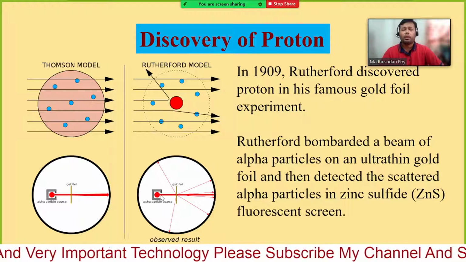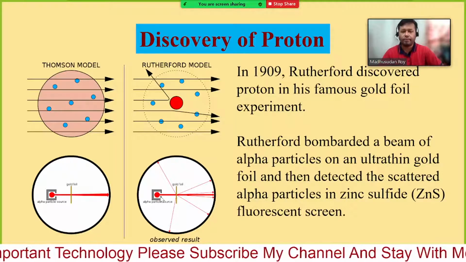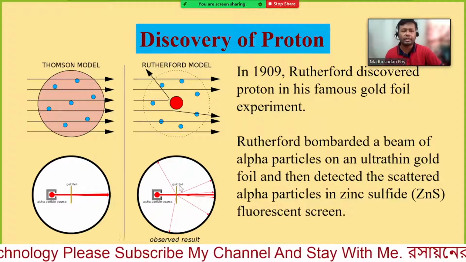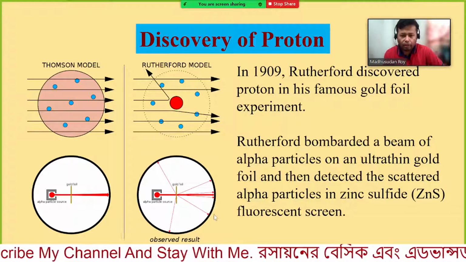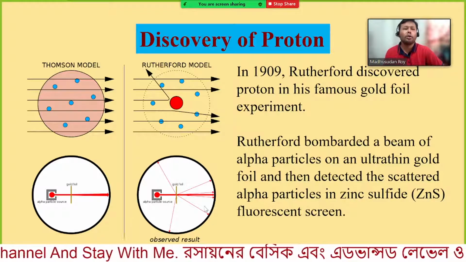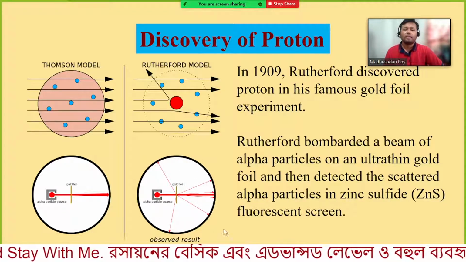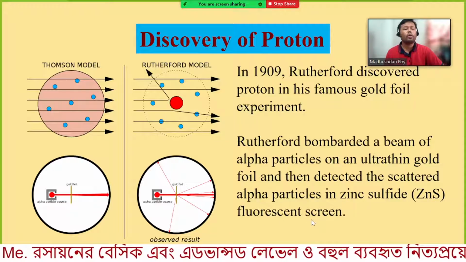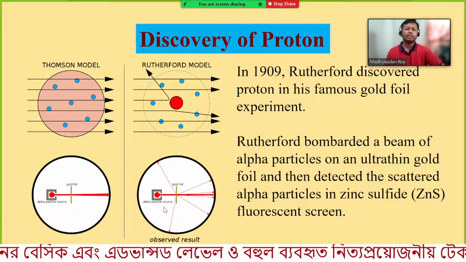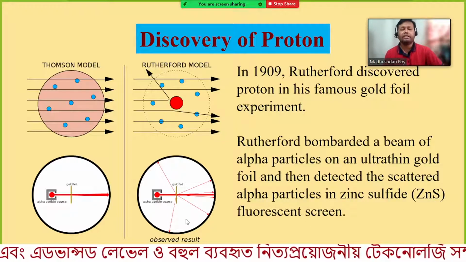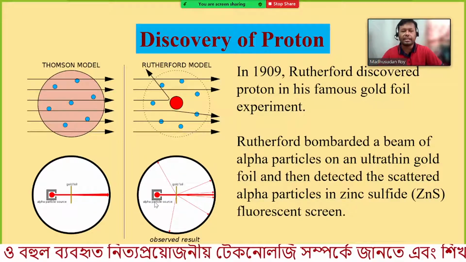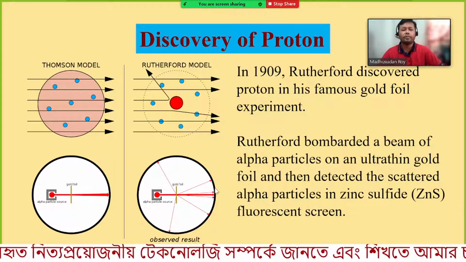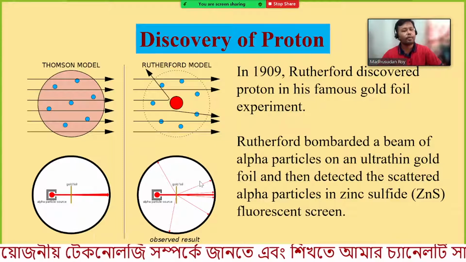So when he allowed the alpha particles to pass through the thin gold foil, the whole system was enclosed in a zinc sulfide fluorescent screen. That means if any light comes out from these alpha particles, it will give a certain spot.